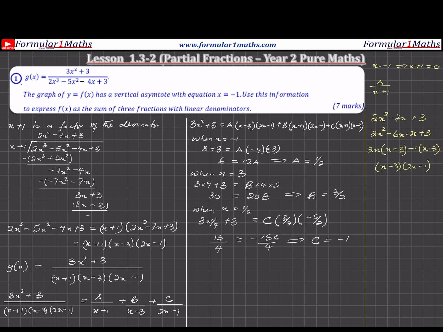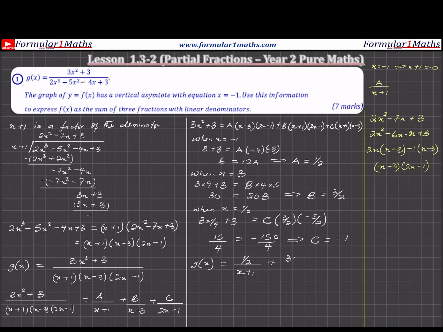So now I'll have g of x will be equal to a half over x plus 1, plus 3 over 2 over x minus 3, minus 1 over 2x minus 1.